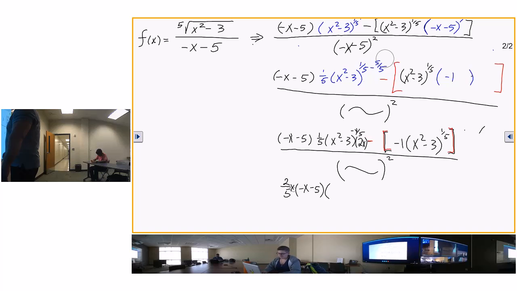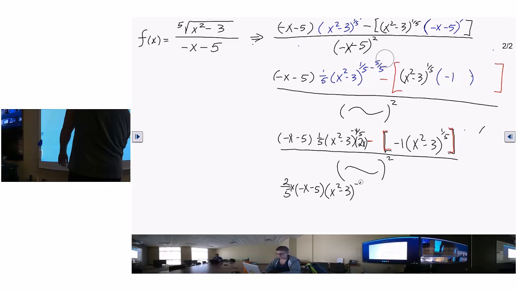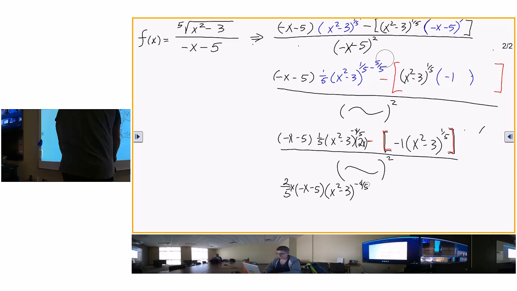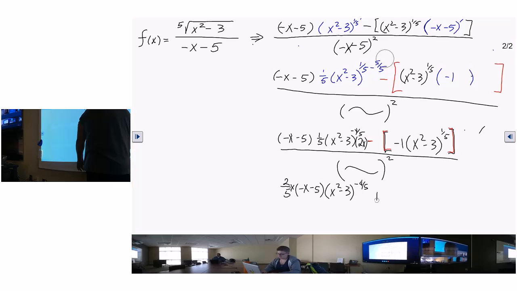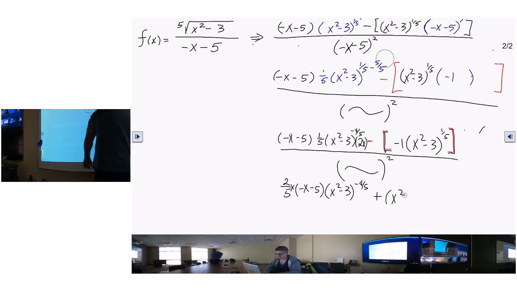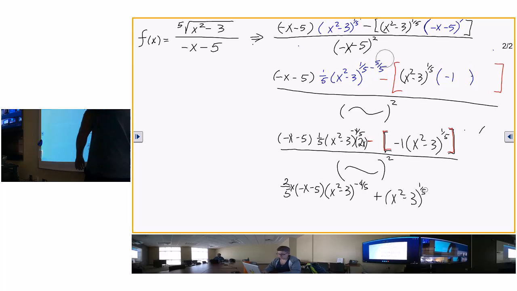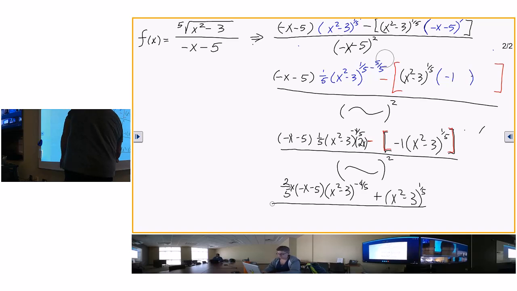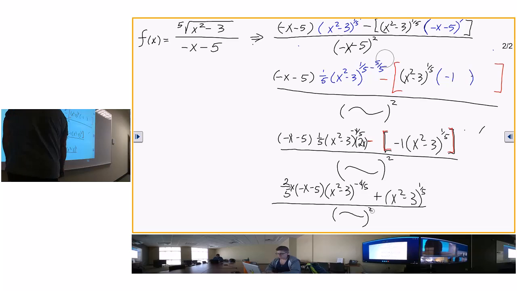And that's going to give us x squared minus 3 to the negative 4/5. And then what does that do with that negative? That negative makes it a positive, plus x squared minus 3 to the 1/5 over denominator squared.